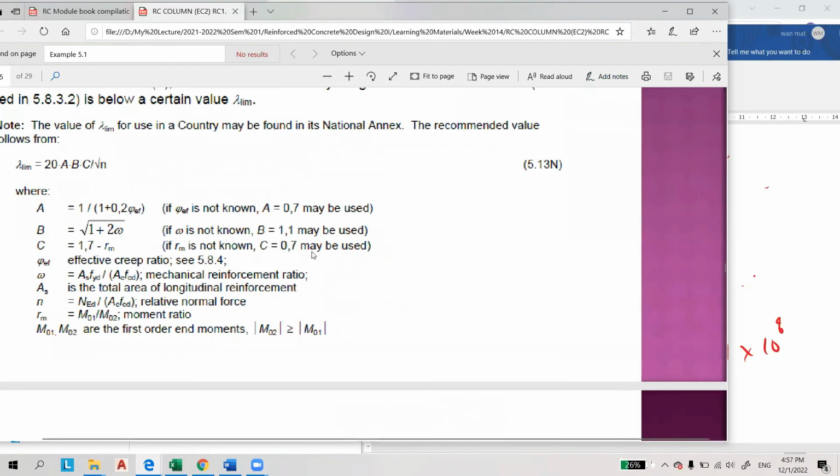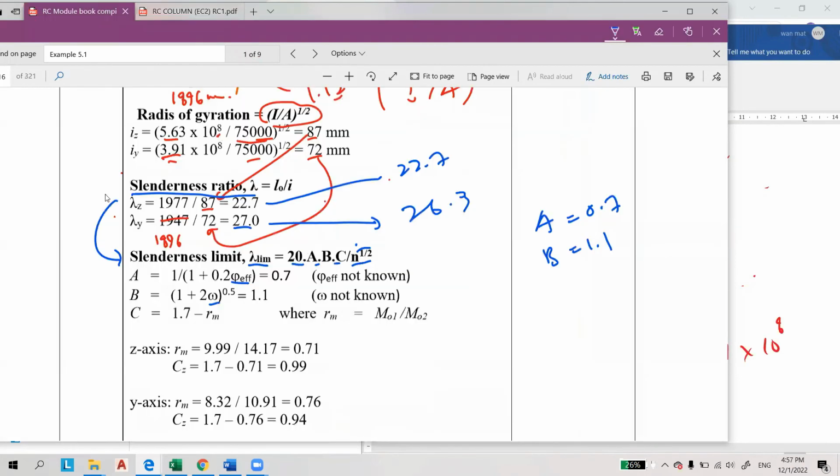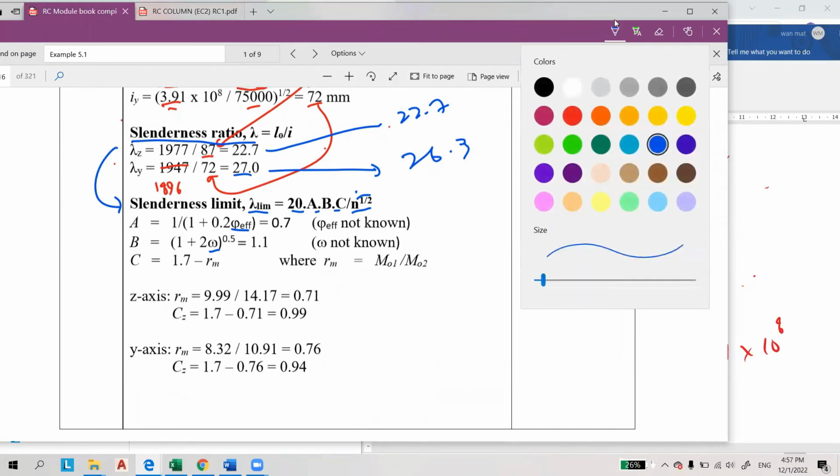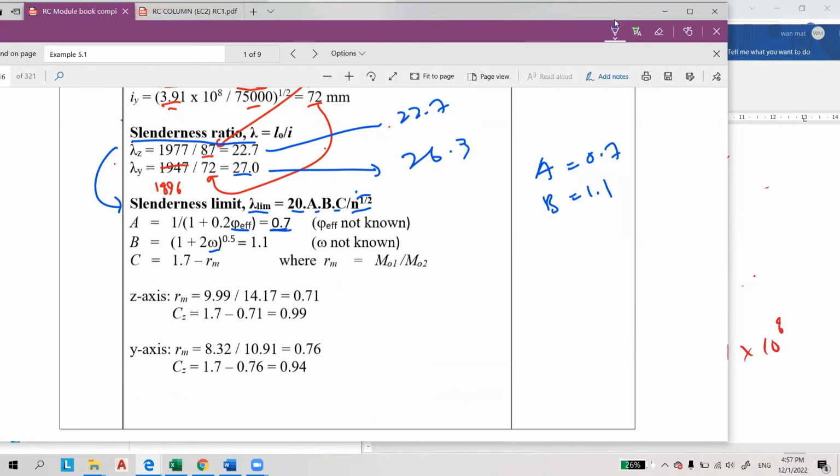Here the value of A is equal to 0.7, the value of B is equal to 1.1, and the value of C we can use 0.7 if unknown.